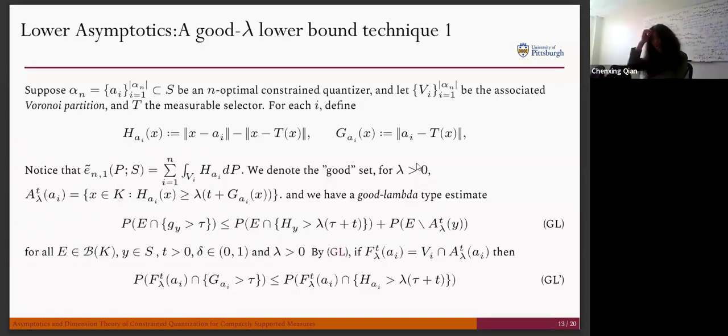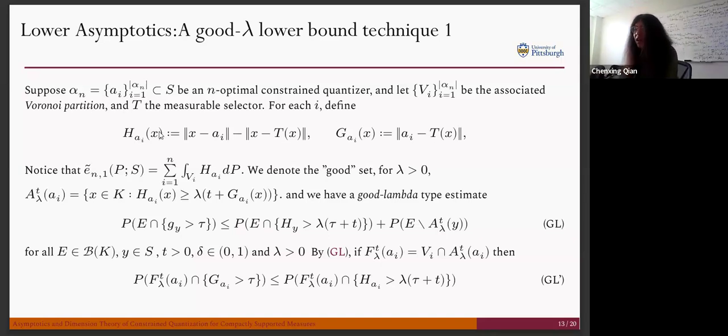The construction for the lower asymptotics is more interesting than the upper case, I should say, because here we use a technique which is very similar in spirit to the good lambda technique.